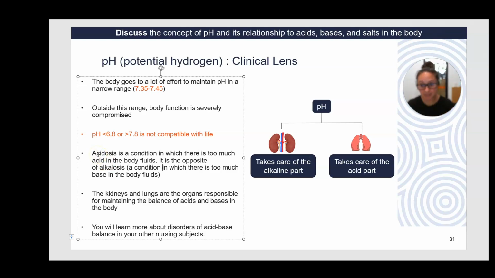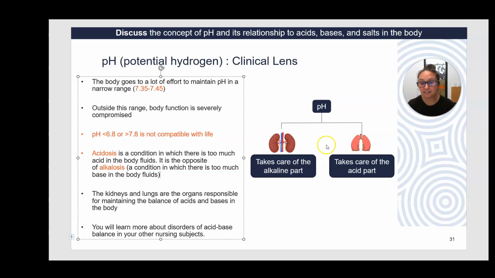But what can happen to someone is called acidosis. You are too acidic. Your body fluids are too acidic, have too many hydrogen ions. Or you can be too basic. That's a problem because our pH needs to be just right, or else our cells are not going to be happy.